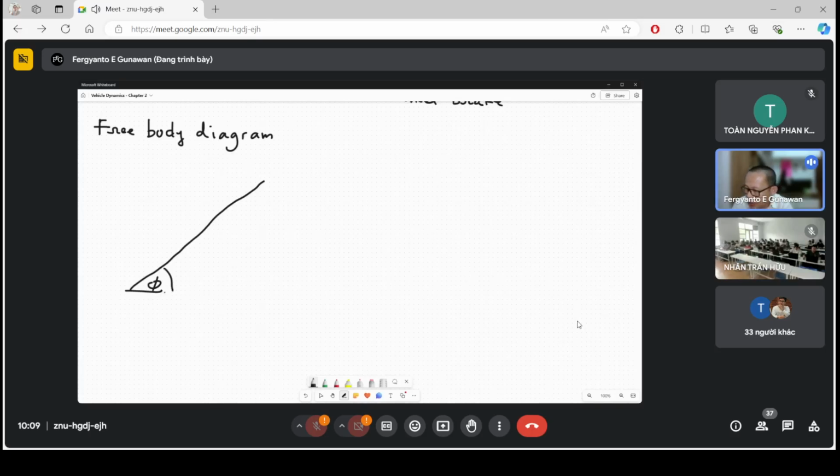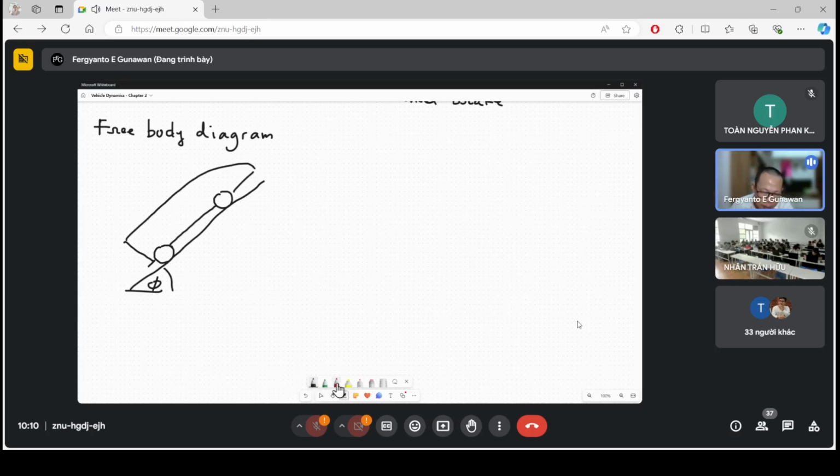This is the angle of the road, and we have a rear wheel here and a front wheel here. I think I had better draw the car. Let's say this is the front side and this one is the rear side.